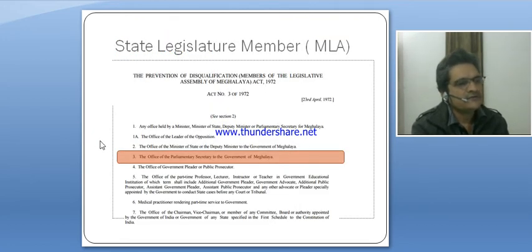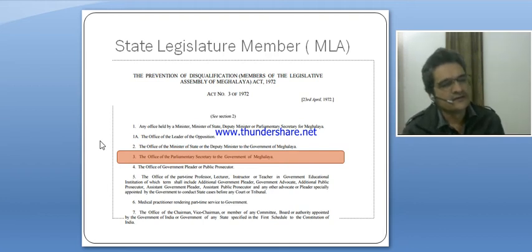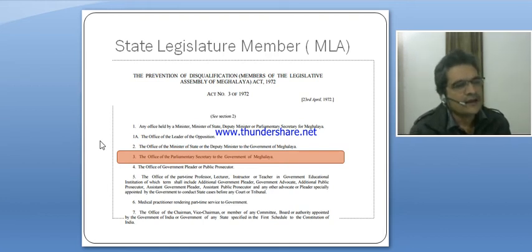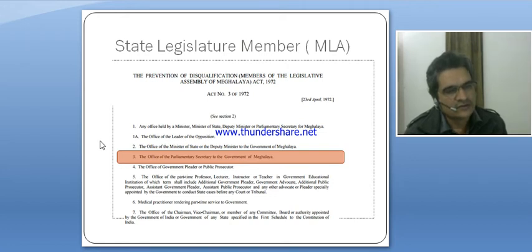Now a similar provision is there in the case of the state governments. As we saw under Article 191, states were empowered to declare certain offices not to be deemed an office of profit, like Parliament has done. Various state governments have their own laws and they have declared this.